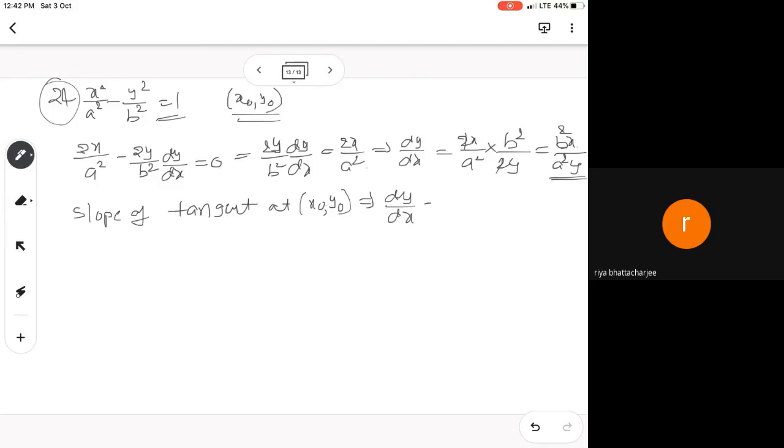Dy by dx is equals to b square x0 by a square y0. So this is the slope and the equation is asked for. Whenever you have a slope, the equation of a line formula: y minus y0 is equals to b square x0 by a square y0 into x minus x0.